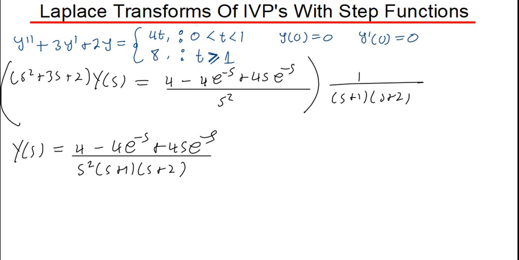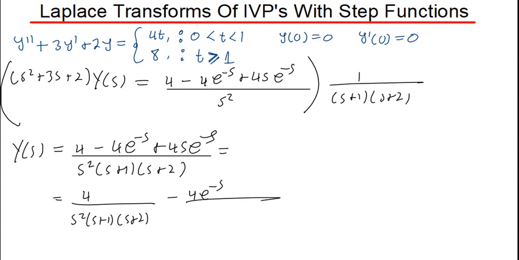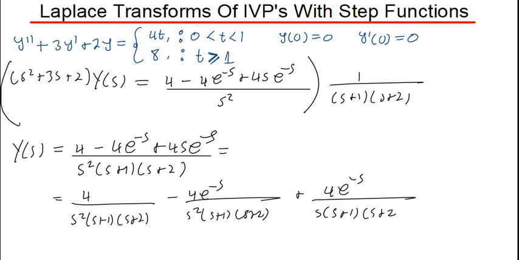Okay, so let me choose to separate everything here. Let me write this as 4 over s squared times s plus 1 multiplied by s plus 2, then minus 4e to the minus s divided by s squared times s plus 1 multiplied by s plus 2, then plus 4e to the minus s divided by s, then s plus 1, s plus 2.